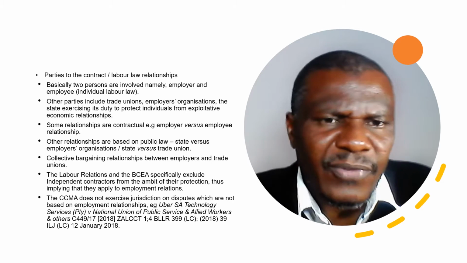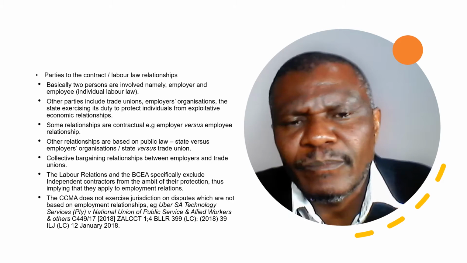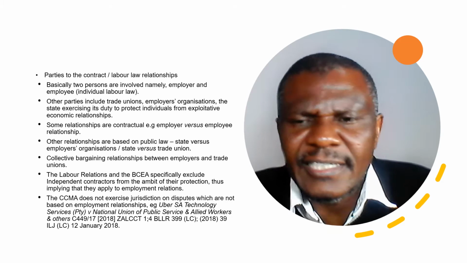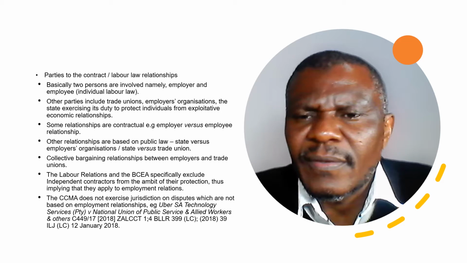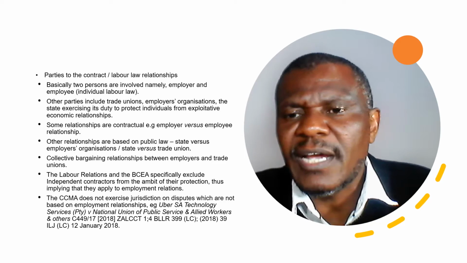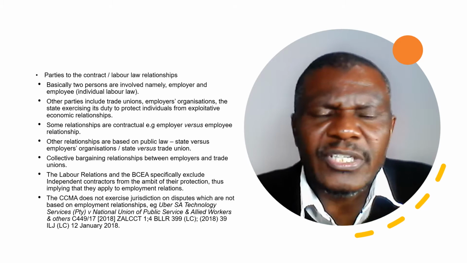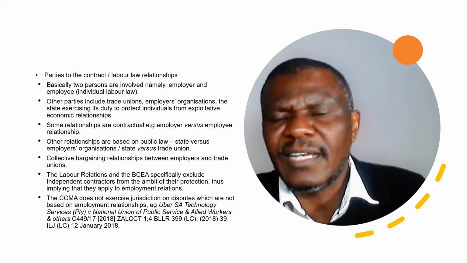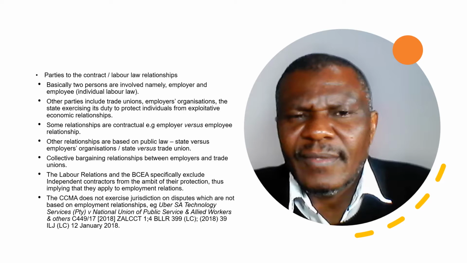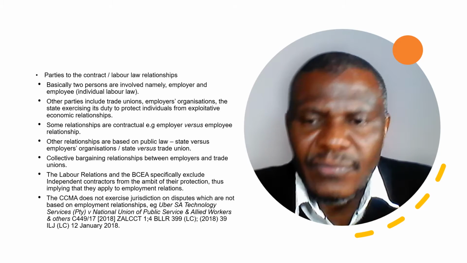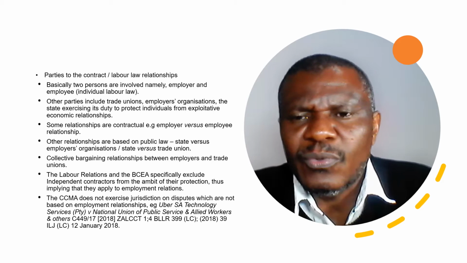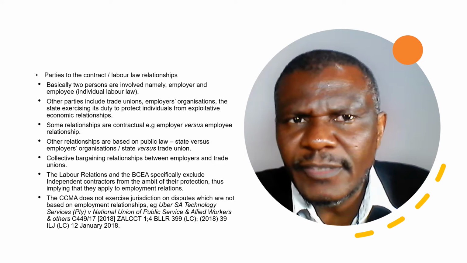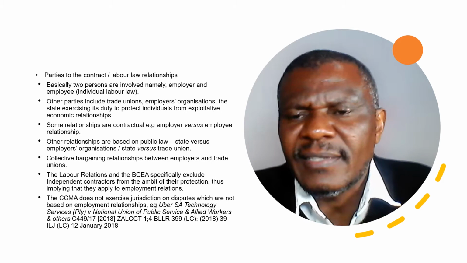For instance, in the Uber South Africa Technology Services Private Limited case versus National Union of Public Service and Allied Workers and others, in 2018, it became clear that the CCMA commissioner, who had purported to exercise jurisdiction on Uber, that is Uber South Africa, was found to have misdirected herself, because the finding then was that the relationship between Uber South Africa and the drivers of vehicles who provide Uber e-hailing services in South Africa were actually not, those people were not employees of Uber South Africa, as it were.